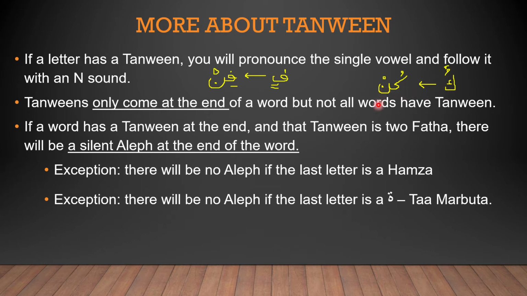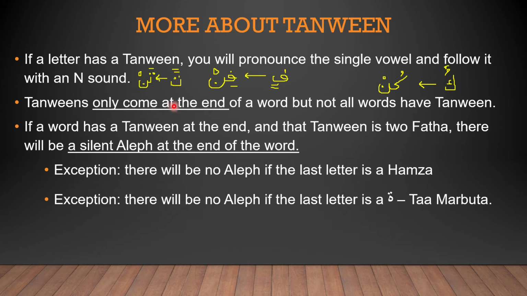This and this are exactly the same. And now for fatha also, I'm sure you can guess. This is going to be ta fathatain. Ta fathatain means ta with a noon sukoon. It means ta, and then there's going to be a fatha on top and a noon sukoon. This is exactly how it's going to be.